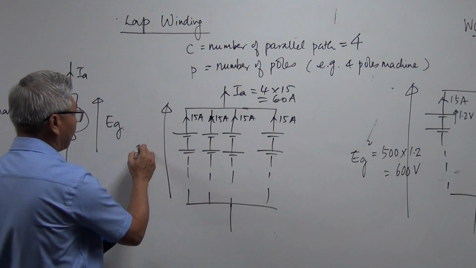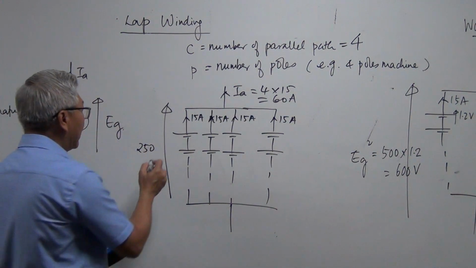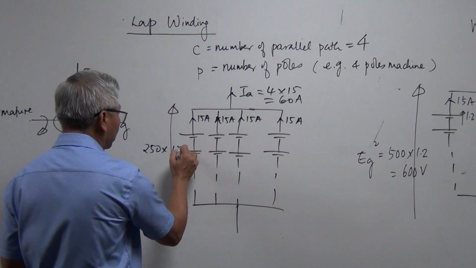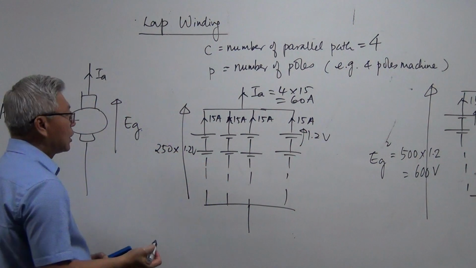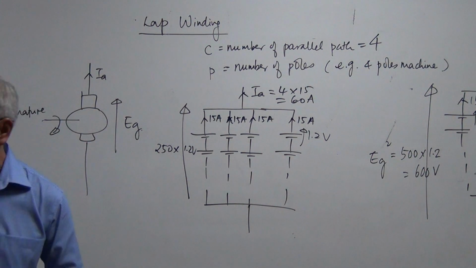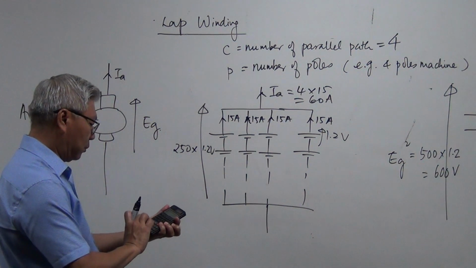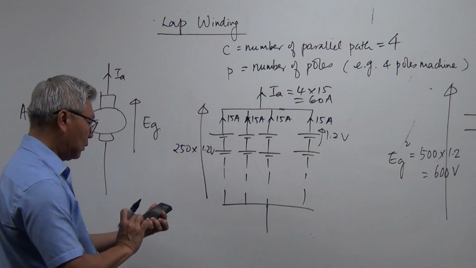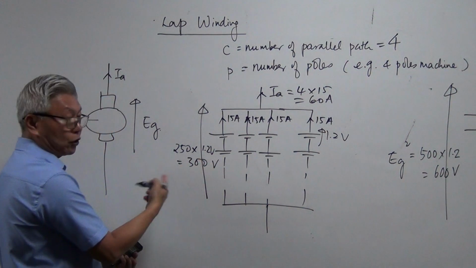So 1,000 divided by 4 is 250 pieces of conductor. And each conductor produces 1.2 volts. So that gives me how many volts? 250 times 1.2 is 300 volts. So EG is therefore 300 volts.